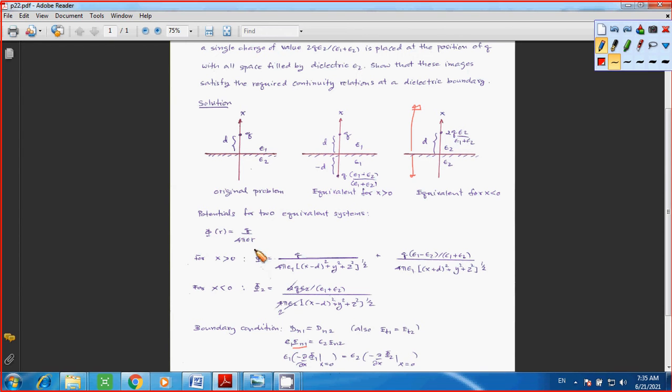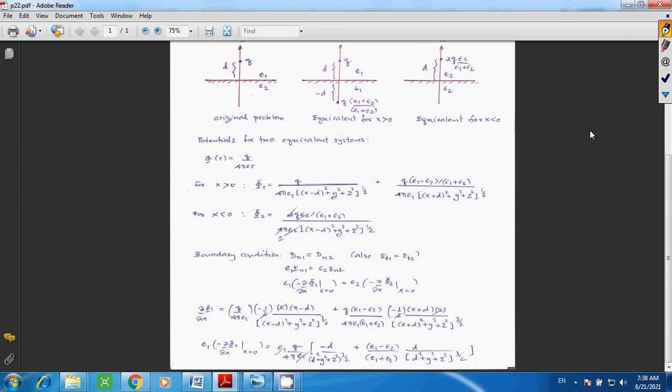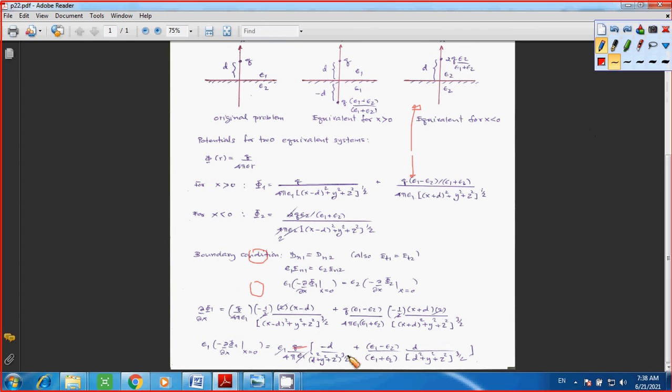You can work out the derivative of phi 1 and phi 2 with respect to x. Finally, this is the E in 1 here, equal to this equation.